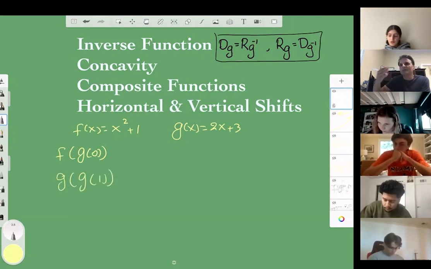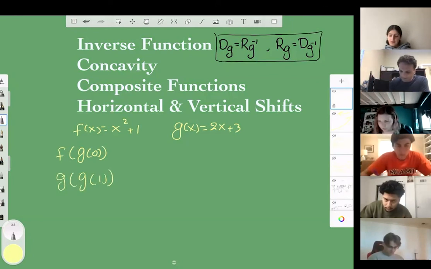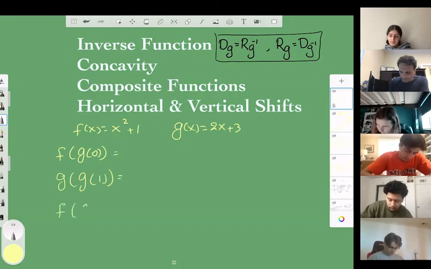I know you guys don't like g of g. I mean, we also can put the output of a function as an input. And what is f of g of x? And what is g of x?